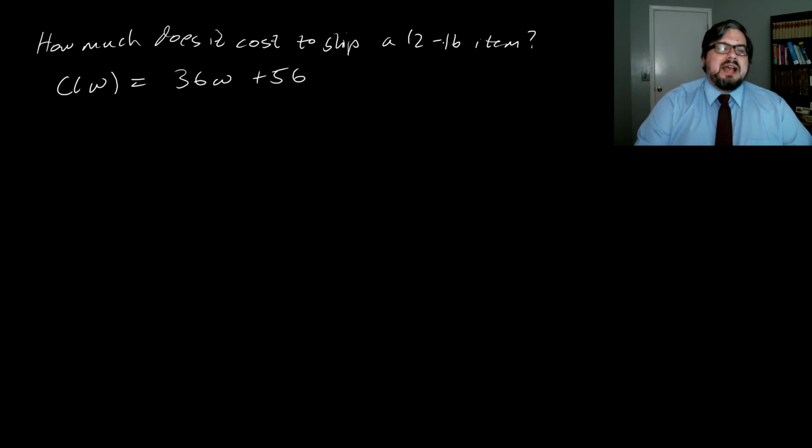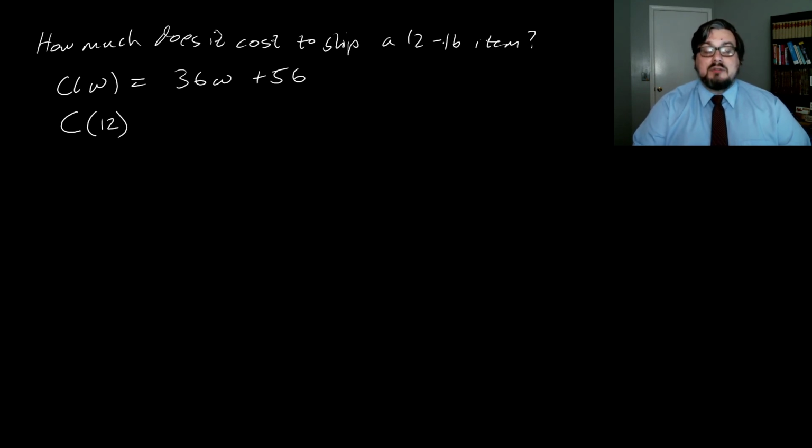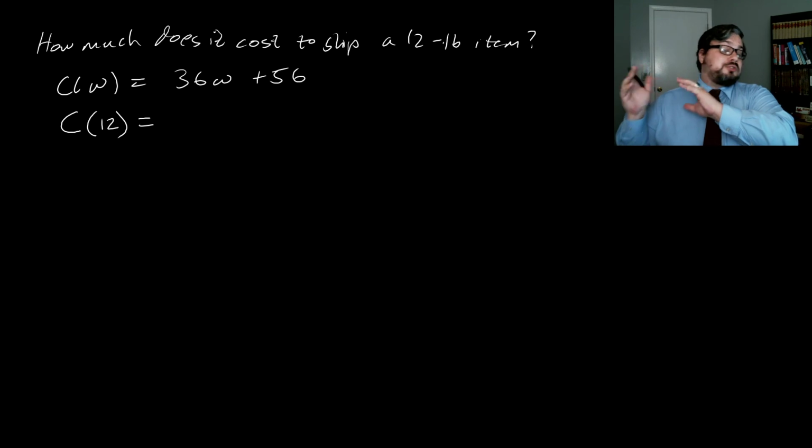So when we ask how much does it cost to ship a 12-pound item, we're asking what is the cost associated with a weight of 12 pounds? What is the output corresponding to an input of 12 pounds? This is a relation where we can put in a weight and out of the relation should pop a cost.